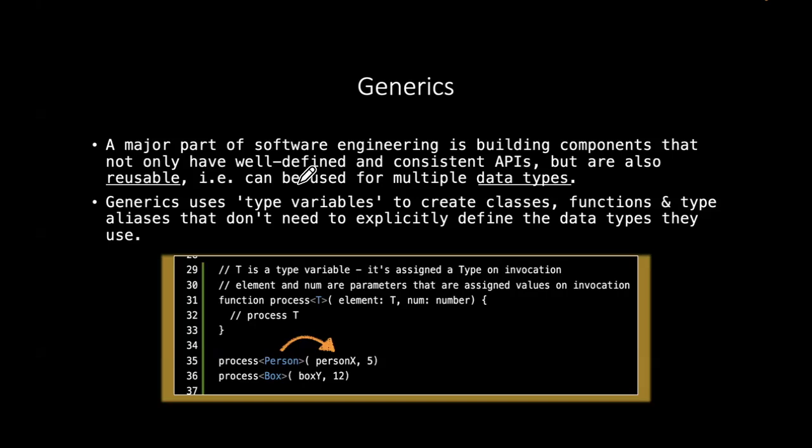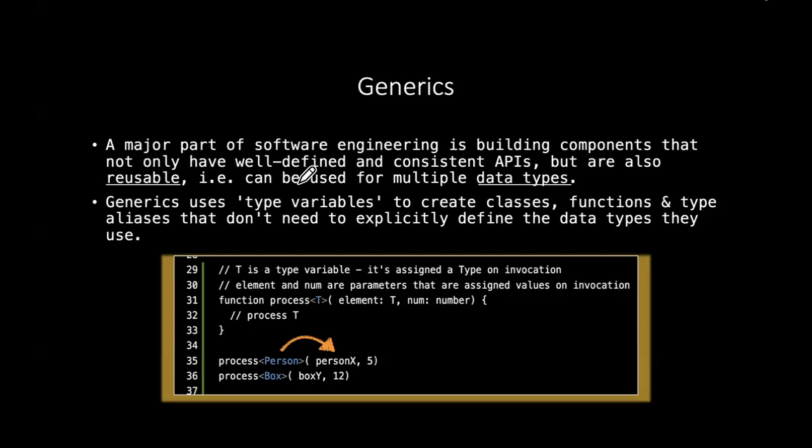It's about enabling you to make components within your code reusable. Components in this case could be anything. It could be a function, to make a function reusable for different data types.